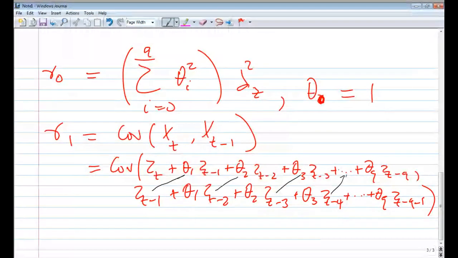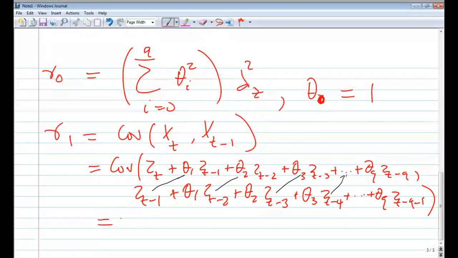Stay together. So now this is equal to, I'm going to skip that step because I understand that you understand it well. The covariance of theta 1 zt minus 1 and zt minus 1. So you take theta outside, you have theta 1 covariance of zt minus 1, zt minus 1.